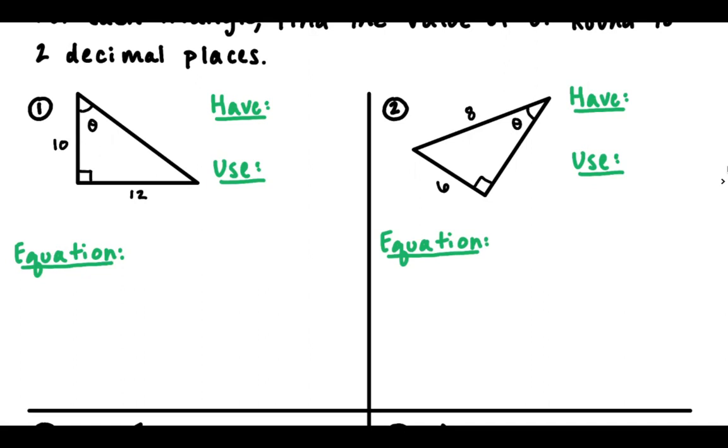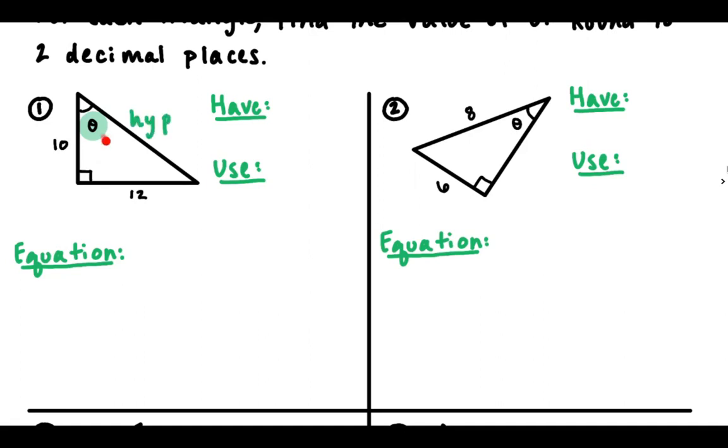My second hint for each of these is we're going to go through and actually label each triangle together. So we want to label these triangles to help us figure out which sides we have. We're labeling for theta. So I always start with the hypotenuse because it's always across from the 90. So for this triangle, our hypotenuse is the blank side.